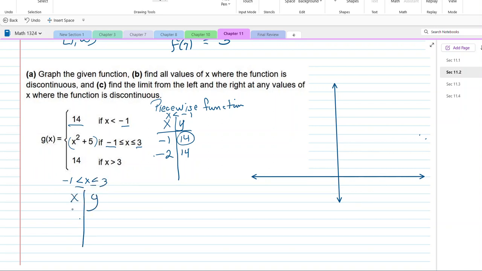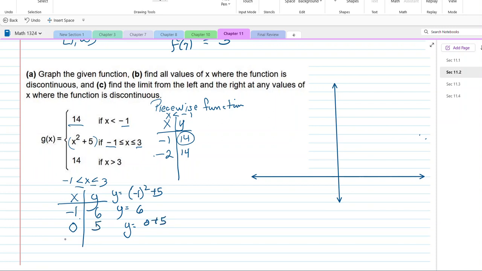This time we're going to put a -1 into our function. So (-1) squared plus 5 is 6. We're going to put in a 0, and we know it's a 5.